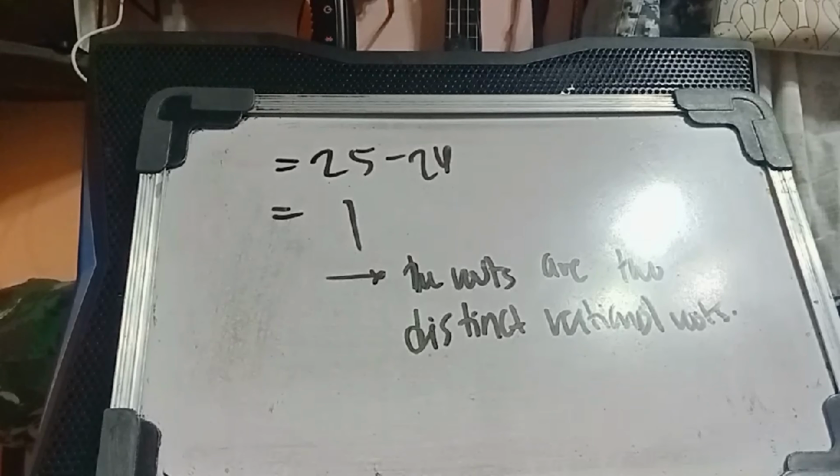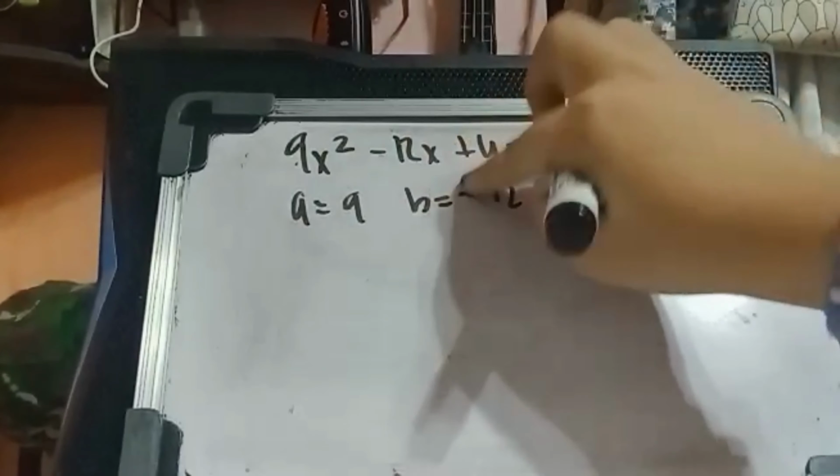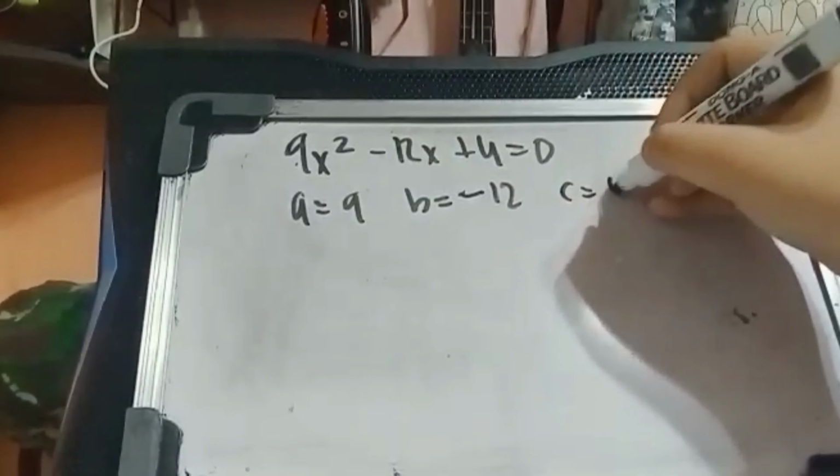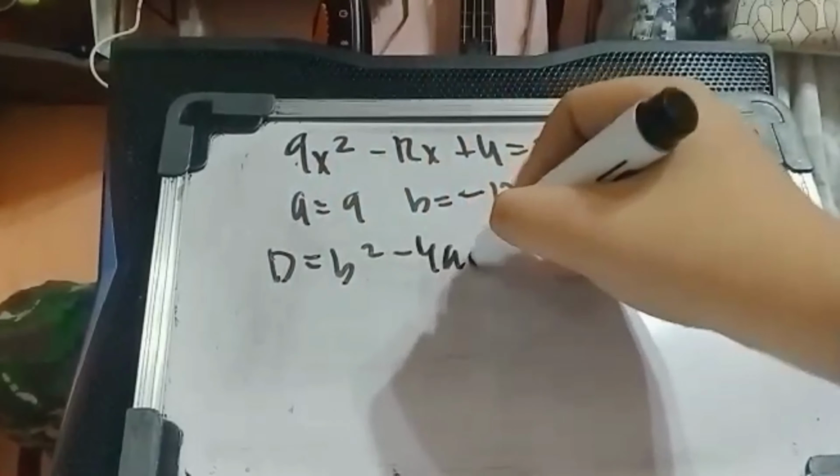Yan. Paano naman kung ganyan? Let's find A, which is 9. B is negative 12. And C is positive 4. Formula, D is equal to B squared minus 4AC.